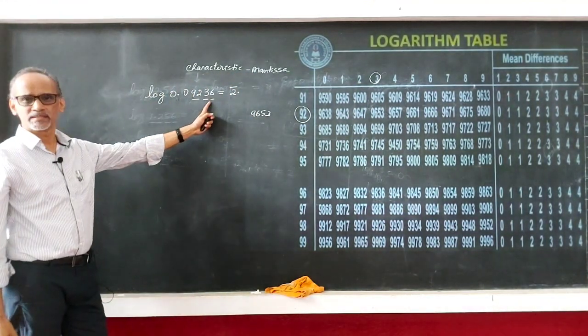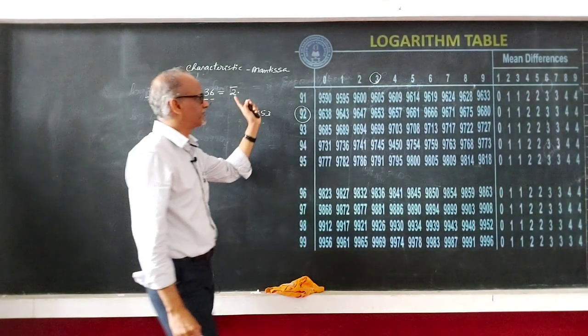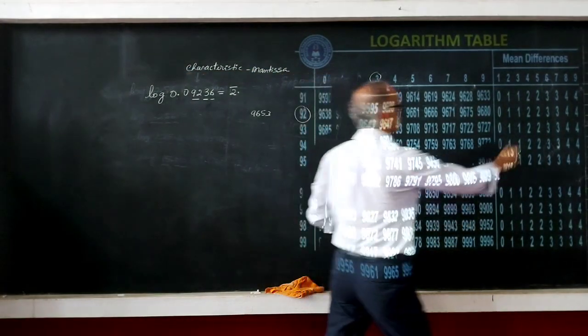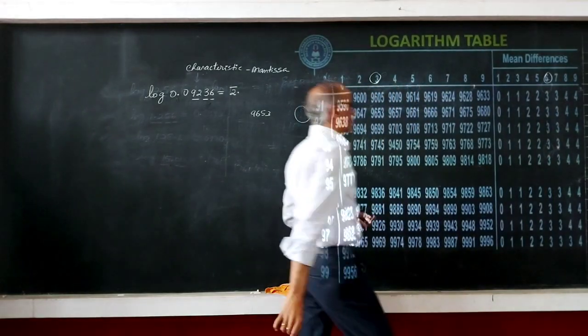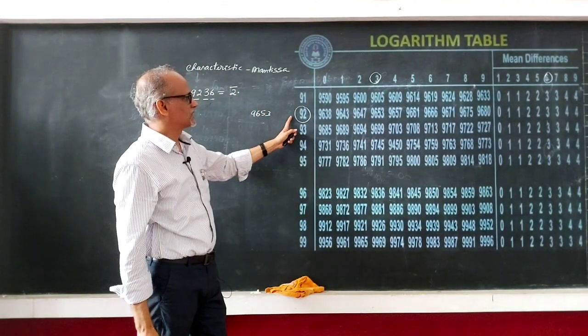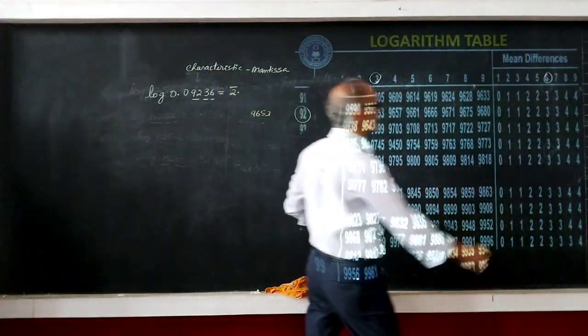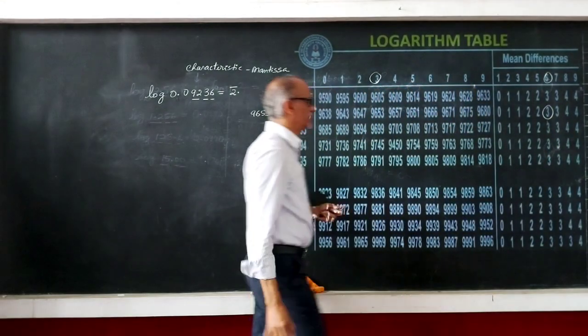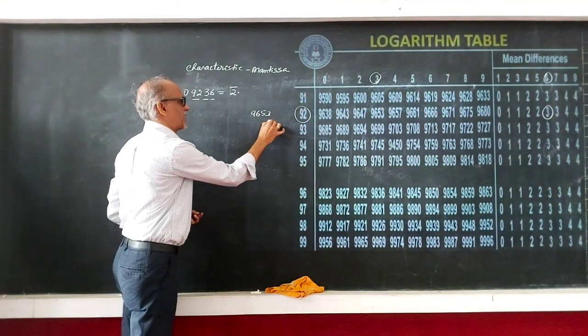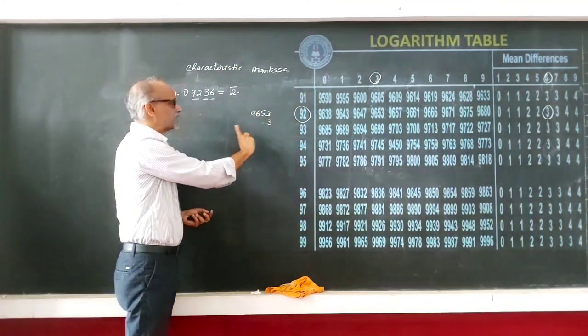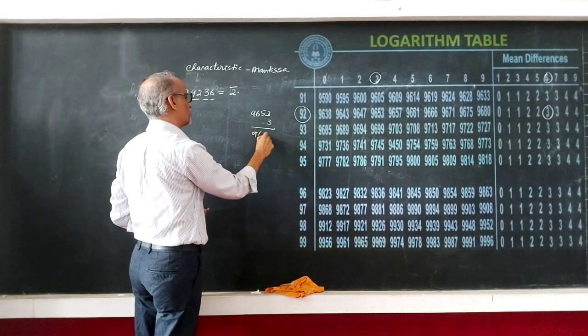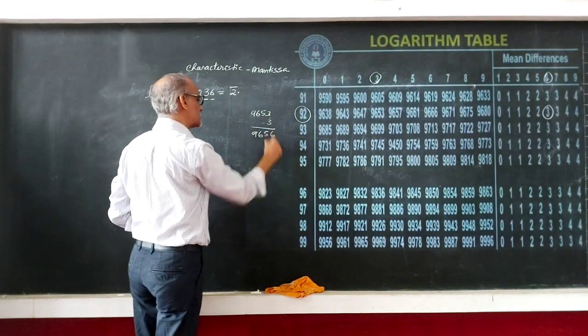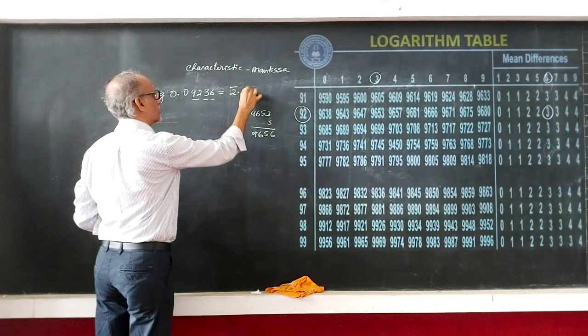The fourth digit is a 6, which we refer from the mean difference, which is 6. Where 92 in the same row intersects, it gives the digit 3. That 3 is to be added at the end, not at the beginning, and that will give you 9656.